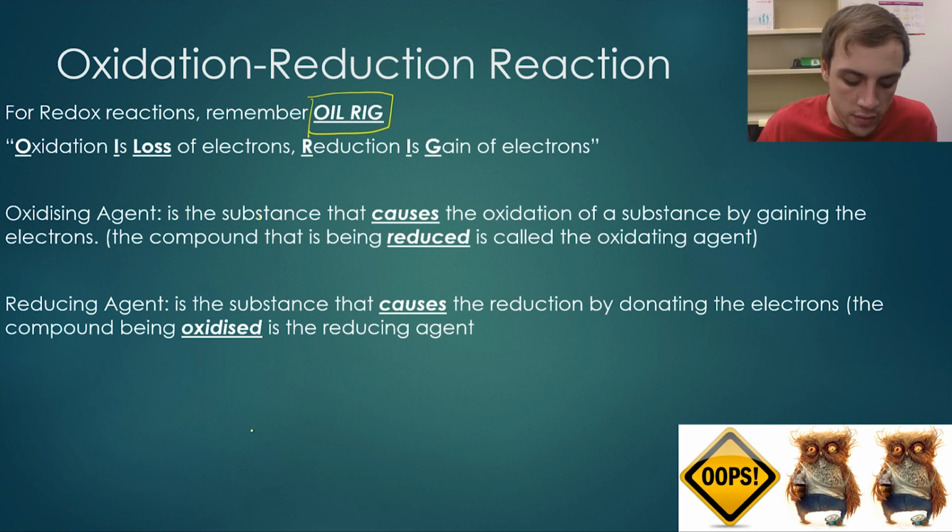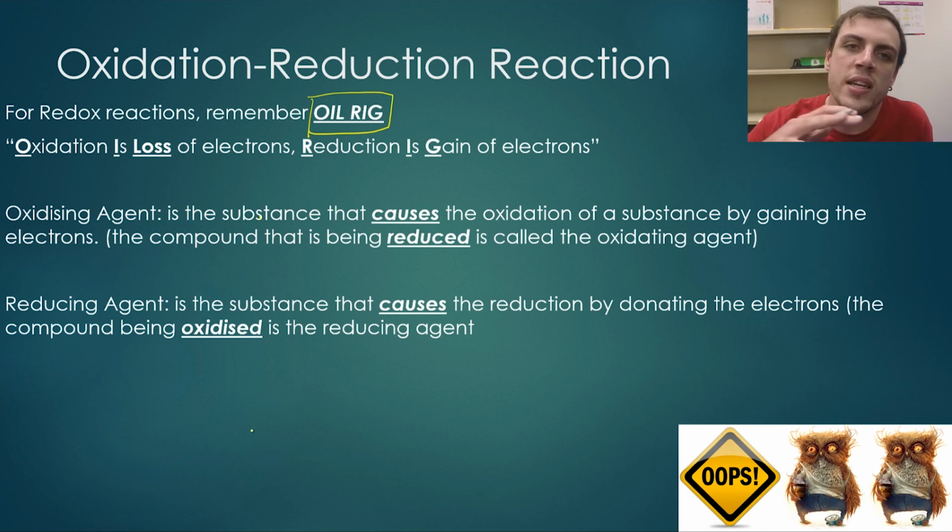So the same is said of the reducing agent, in that it is the substance that causes the reduction by donating the electrons, which is the compound that is being oxidized. So if you've got something that is being reduced, it is thought of as the oxidizing agent.